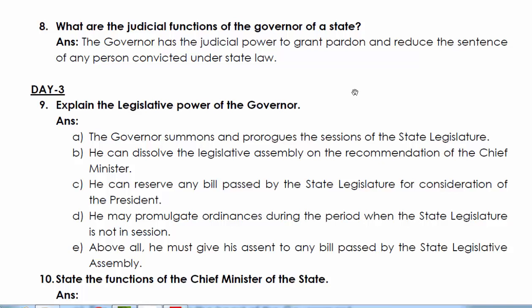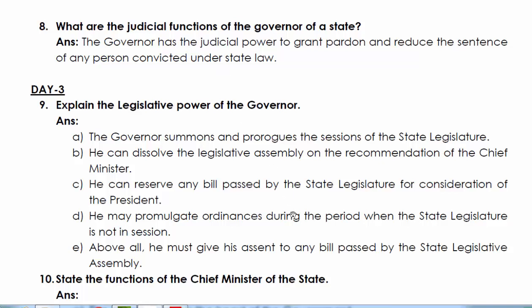So that sort of power he has. He may promulgate ordinances during the period when the state legislature is not in session. Okay. Above all, he must give his assent to any bill passed by the state legislative assembly. So these are the legislative powers of a governor, so to say.